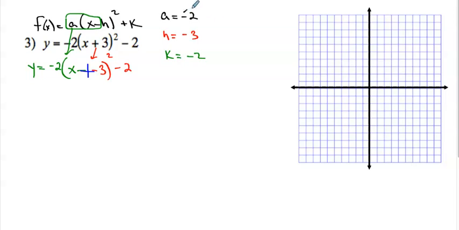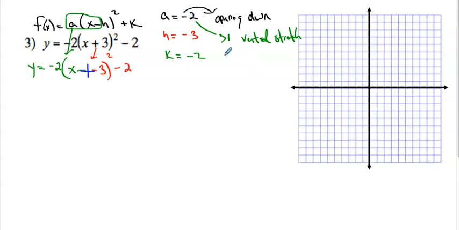All right, so the fact that this is negative means my opening is down. The fact that this is greater than 1 means there's a vertical stretch by a factor of 2.